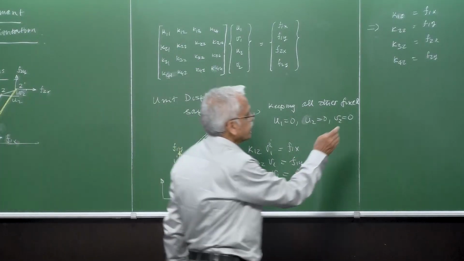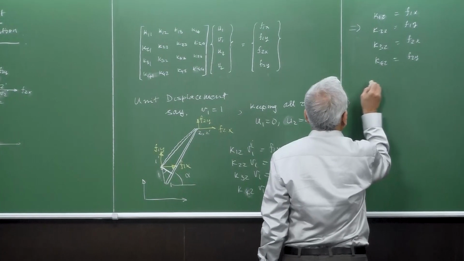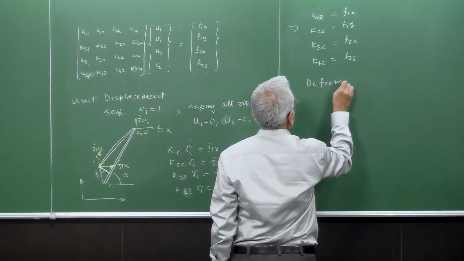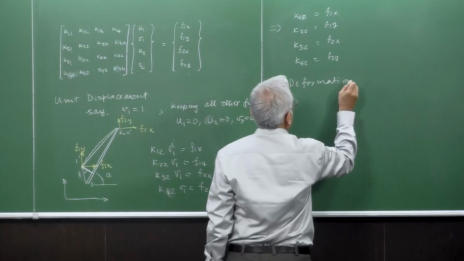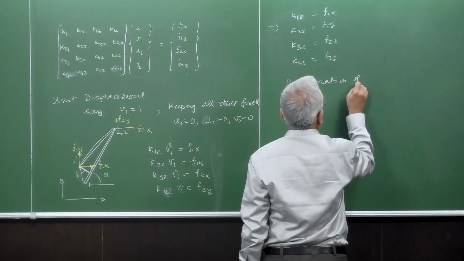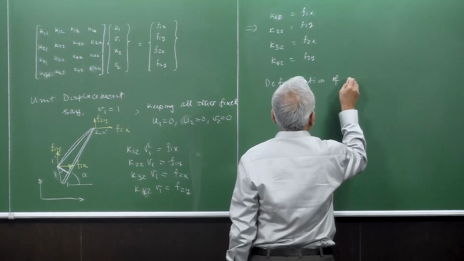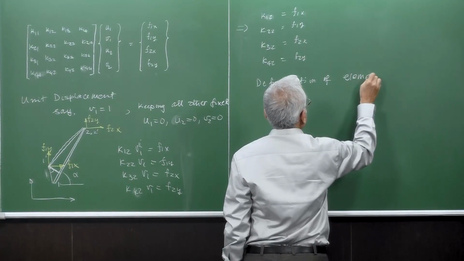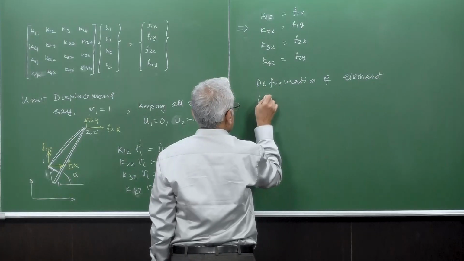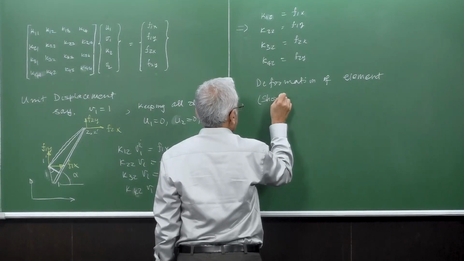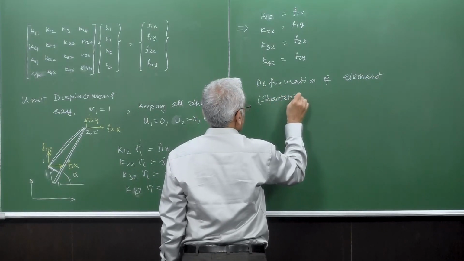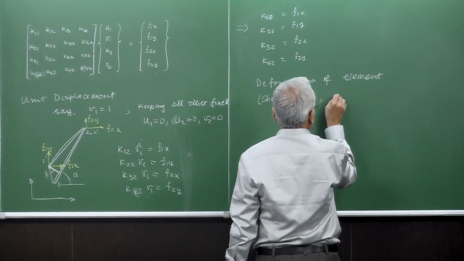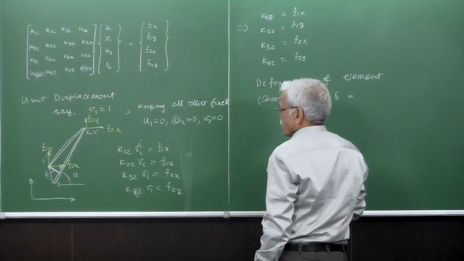So the deformation of the element, in this particular case a shortening, we call delta.